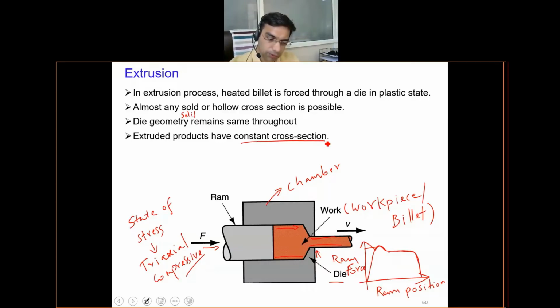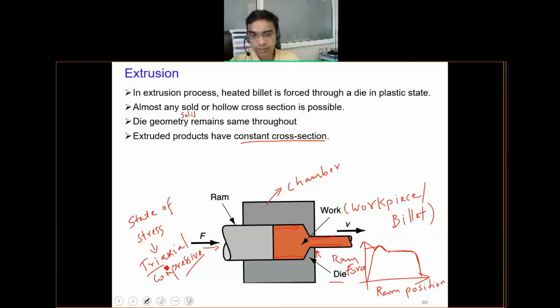If you talk of rolling, still again the cross section area is constant, but in that case you are essentially just reducing the thickness, increasing the length. So the reduction per pass in the process is not as high as it is in the extrusion process, because the compressive stresses are not triaxial, maybe it is in a single direction.